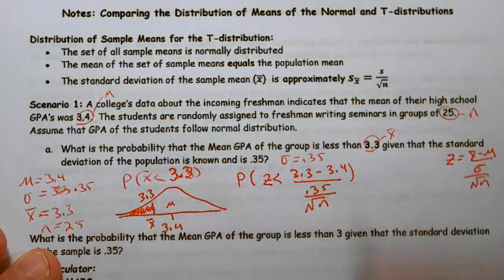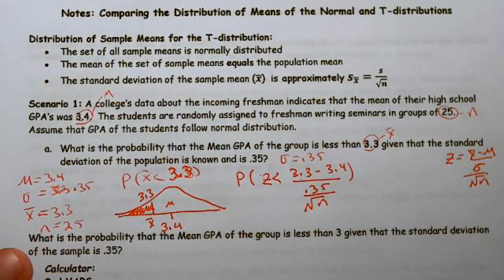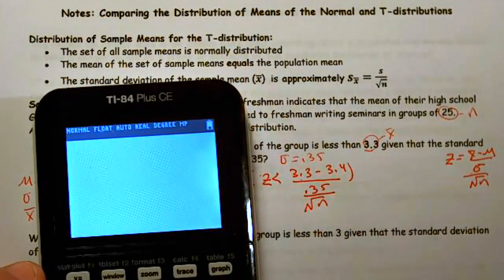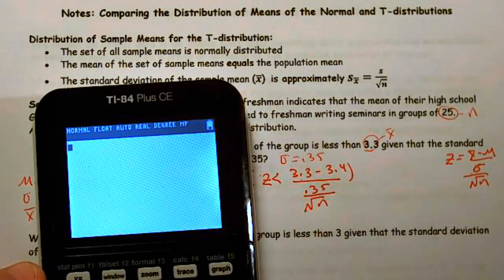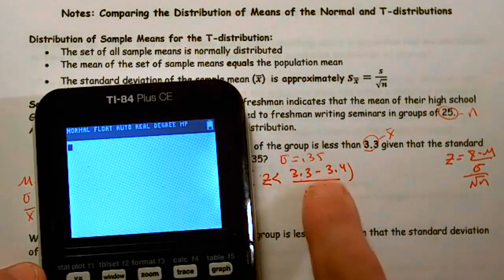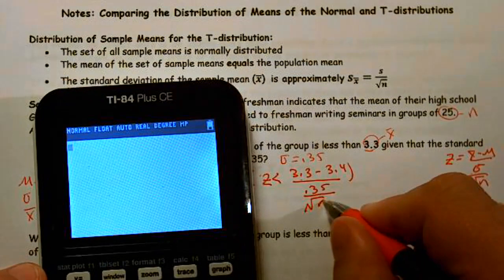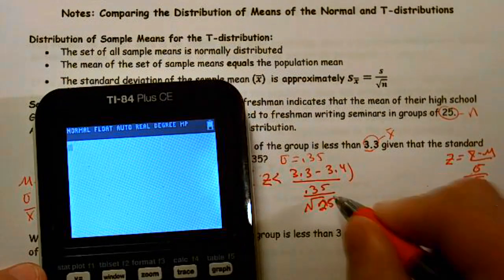So let's figure out the Z-score. We're going to go about doing this the more challenging way, all right? And when we do this, we have to be very careful about how we place this in a calculator. So what's going to be my Z? And oops, this should not be an N. We know this value to be 25.